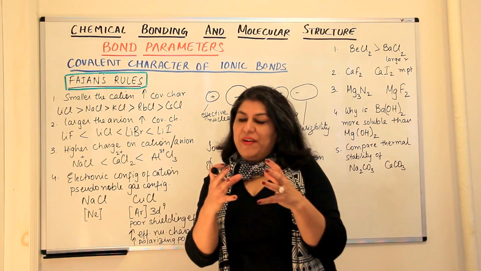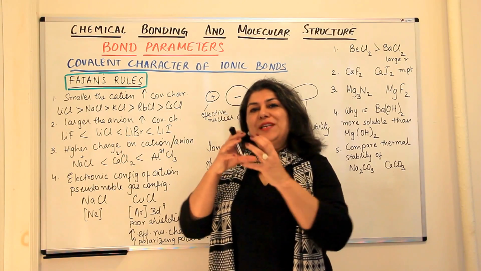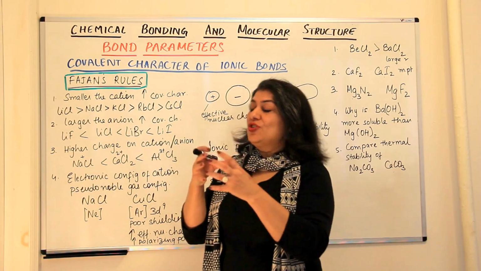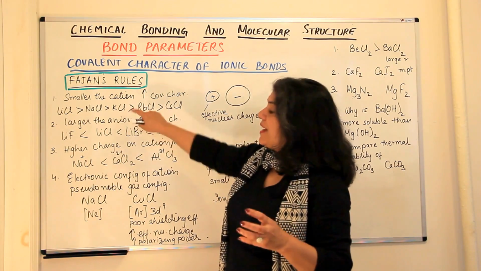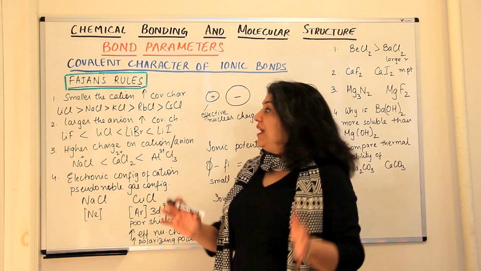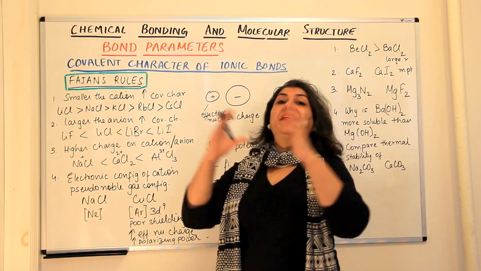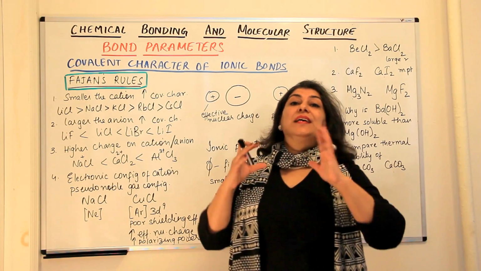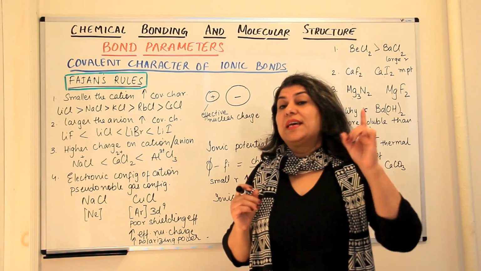Therefore, the smaller a cation is, it is a small packet of greater attraction. So the smaller a cation, the greater would be its polarizing power, and therefore it would cause a greater polarizability in the anion, and as a result, there would be a greater covalent character.